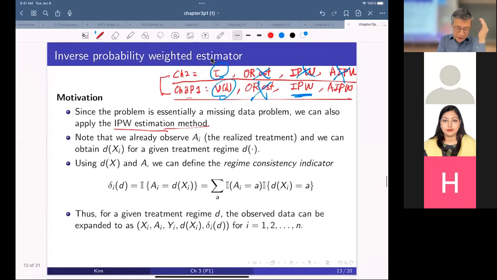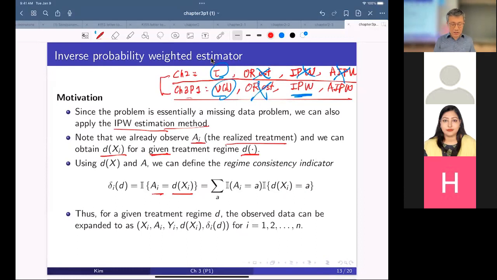But how? Note that we already observe X_i and the realized treatment, and we can obtain d(X) for a given regime. So I can compute d(X) and compare with A_i and see whether this matches or not.